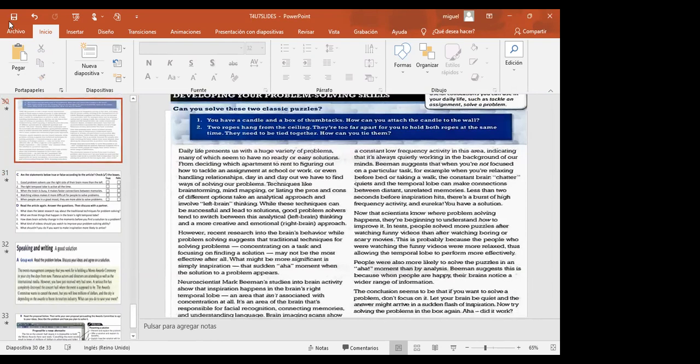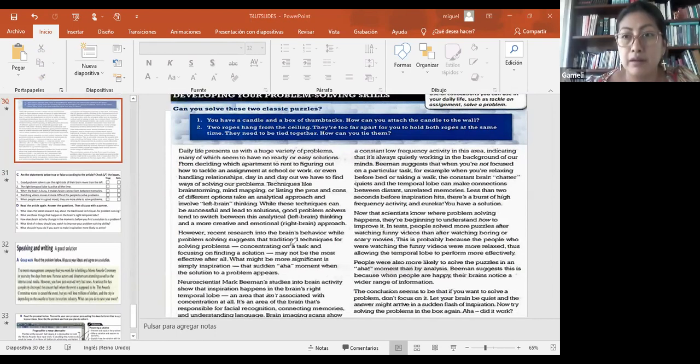Okay, what is that traditional technique? It's in the second paragraph. Yes, we agree that concentrating on a task and focusing on finding a solution is not the most effective after all.